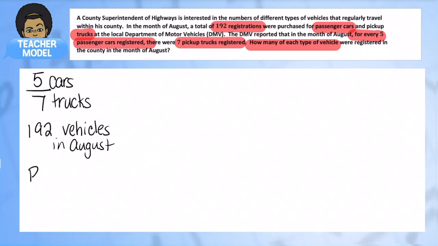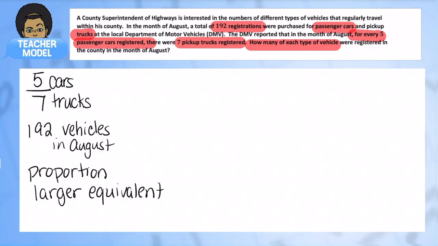When I use the word proportion or proportional, what I really mean is that we have a larger equivalent ratio. So the ratio stays the same.